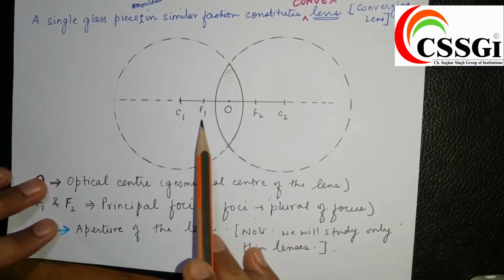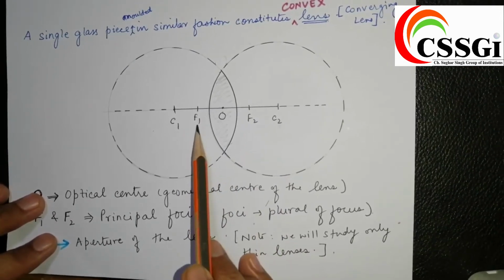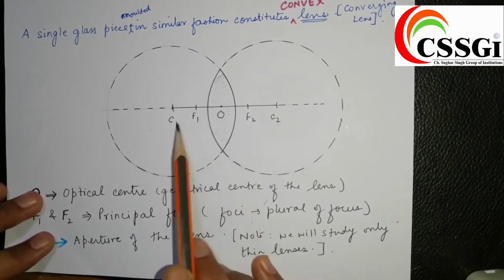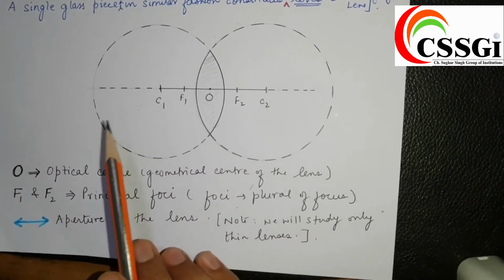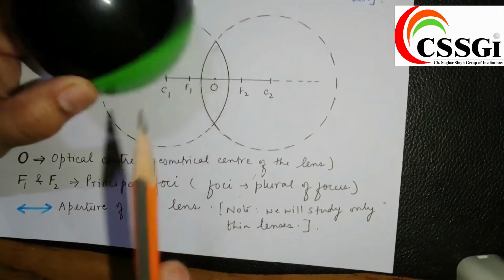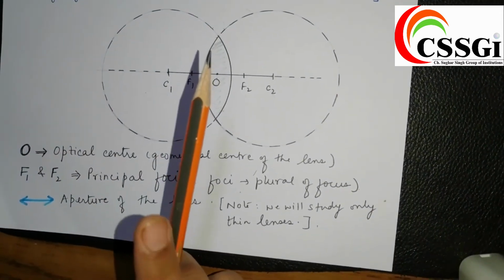Now you can see we have two principal foci, F1 and F2. The situation is very different from that of a mirror. In case of a mirror, since there was involvement of one single sphere, we had one principal focus.